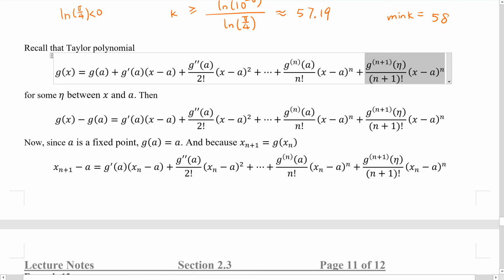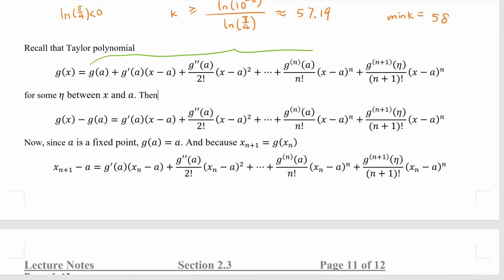And this is the remainder term. The remainder term is really like the next expression in the list, but instead of a, we put eta. Eta is some number between x and a. So far, so good, everybody?